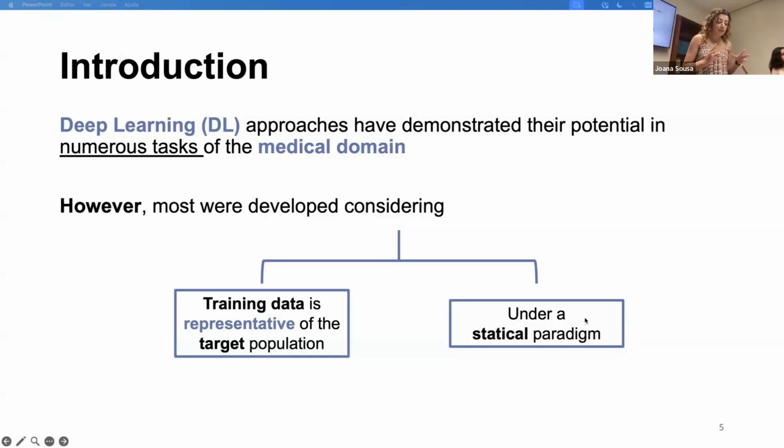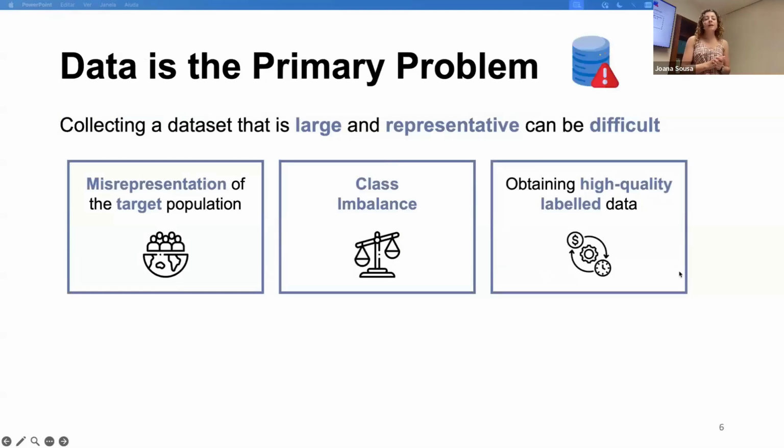At first sight, this would be okay until we realized, and I think some of you have already experienced this working with the medical domain, that data is the primary problem.